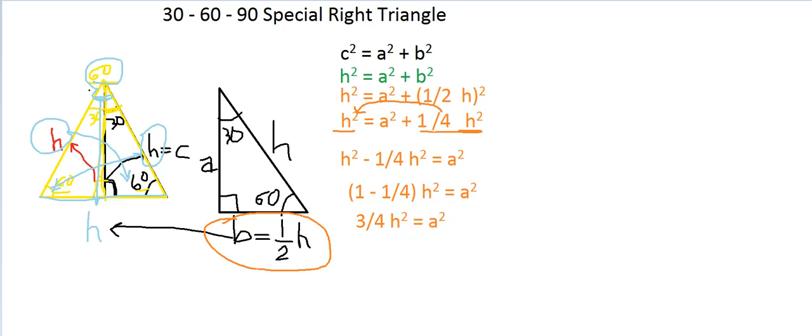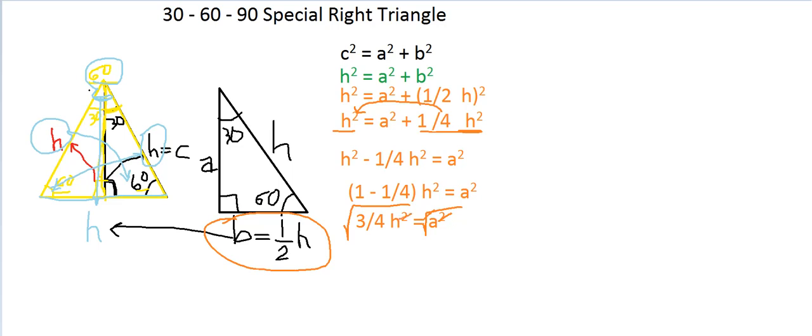Now for us to find A, let's enclose this in a square root. So this is now the square root of A squared, and this is also the square root of 3/4 H squared. So this will be cancelled here, and this will be cancelled as well.